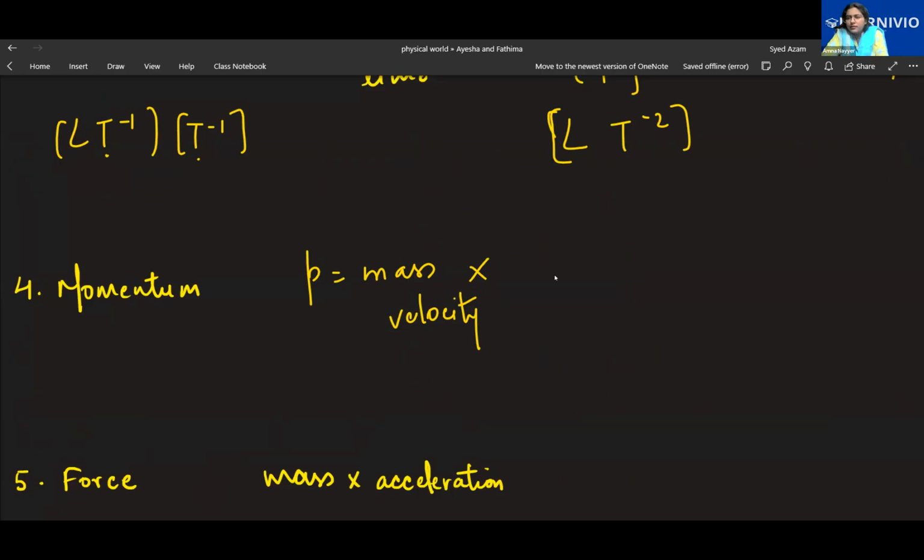No. Because your body has gained so much momentum, there is so much amount of motion in your body that you tend to travel a bit and then you stop. So mass is m, velocity is LT to the power minus 1, so when you multiply them, you get MLT to the power minus 1.